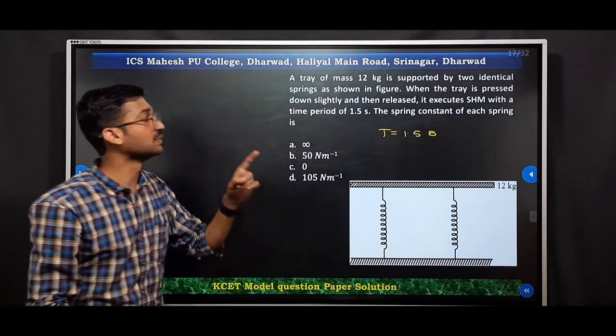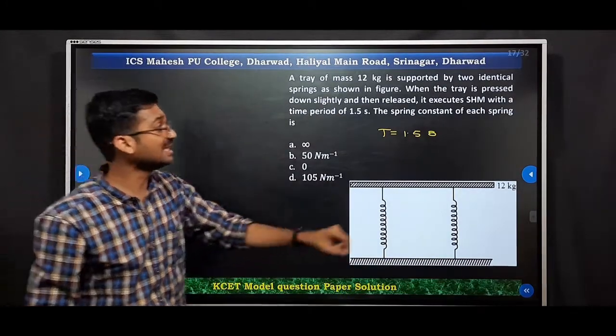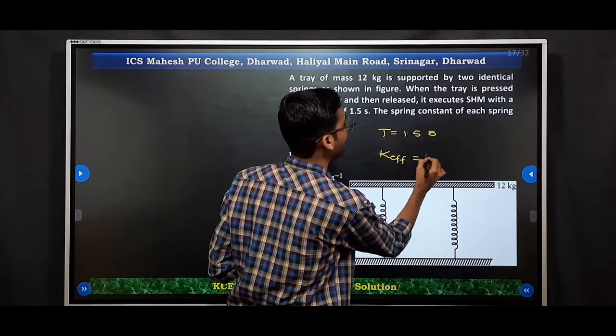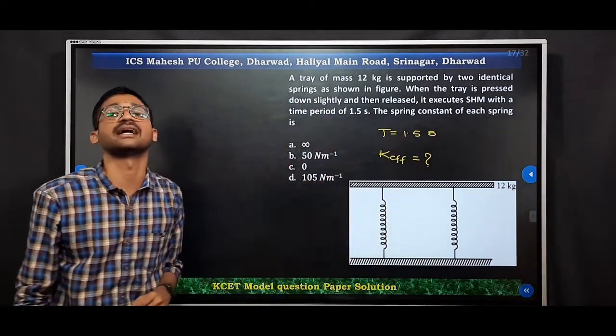If it is so, they are asking for the spring constant of each spring, that is, the K effective for the given data.